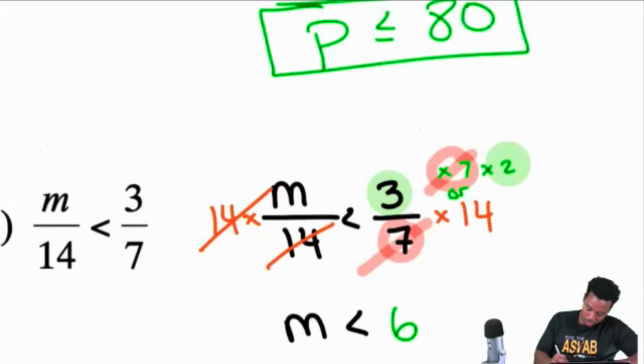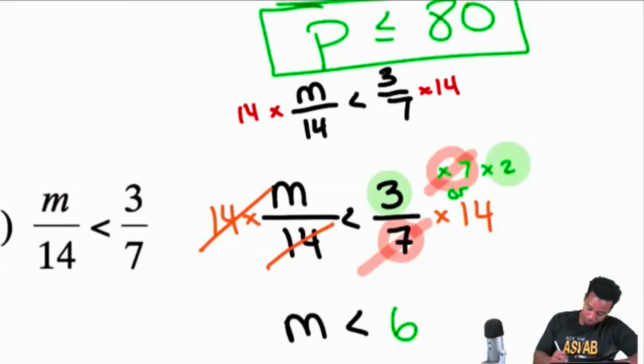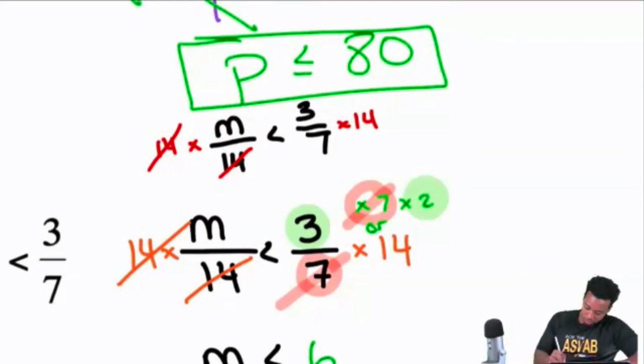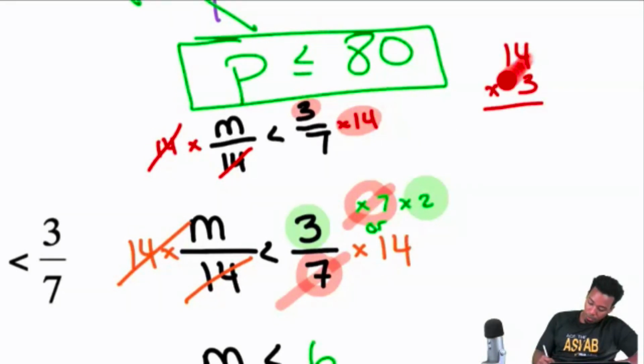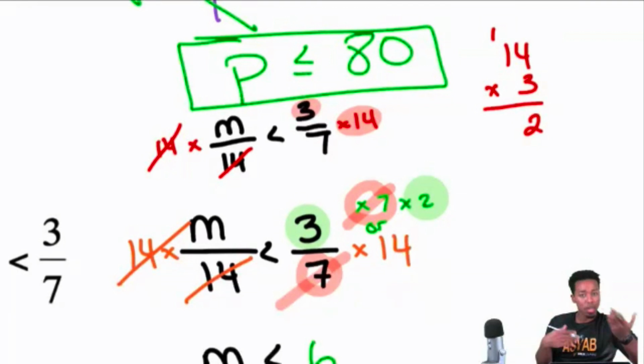Watch this. So m over 14 less than 3 over 7. We multiply both sides by 14, and the 14 cancels out. Everybody, 14 times 3. Let me just prove a point here. 4 times 3 gives us 12. Carry the 1. 1 times 3 is 3, carry the 1 is 4. So we have 42.